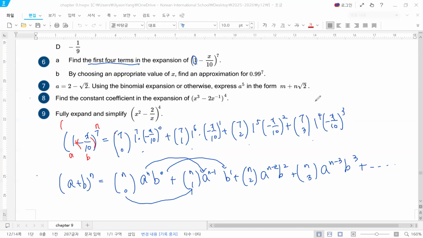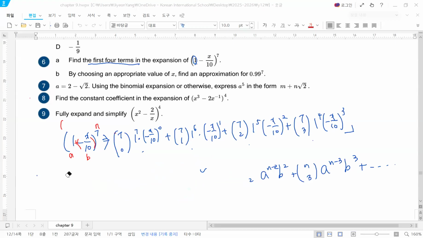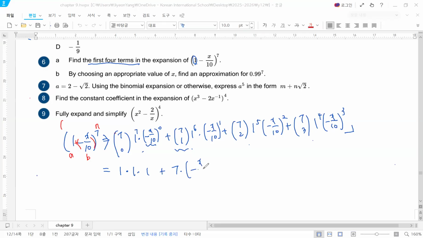Since they ask you to find four terms, what we need to do is just simplify this expression. Let's do it. Please use your calculator. So it's 7C0 is 1, and this one 1 as well, plus 7C1 is 7, 1 is just 1, and negative x over 10, plus 7C2.